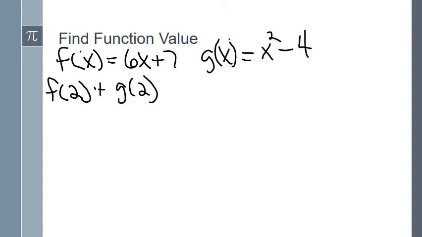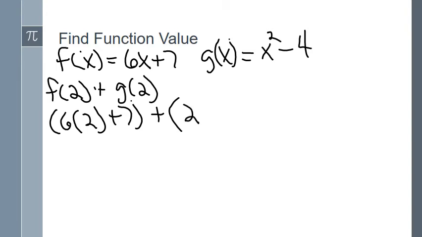Well, we're going to substitute 2 in for f of x. So let's do this. We got 6 times 2 plus 7. And now we're going to add g of 2, substituting into this function notation. So we got 2 squared minus 4. Okay? So let's solve. I'm going to work inside each of both parentheses.